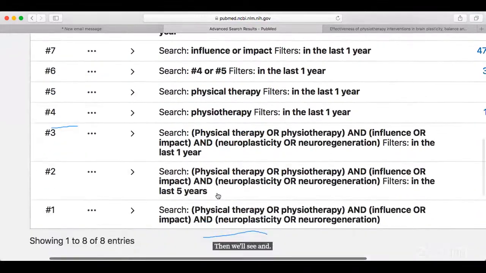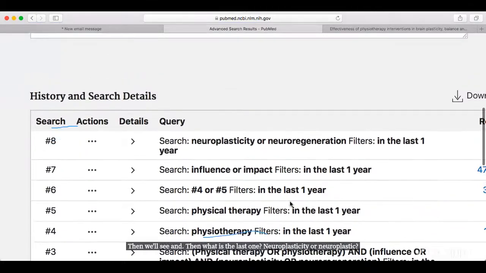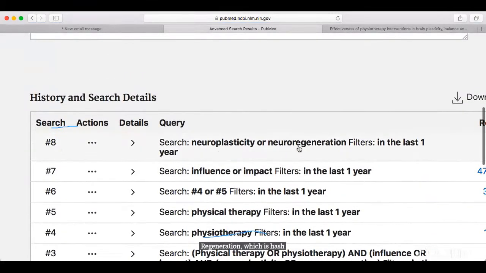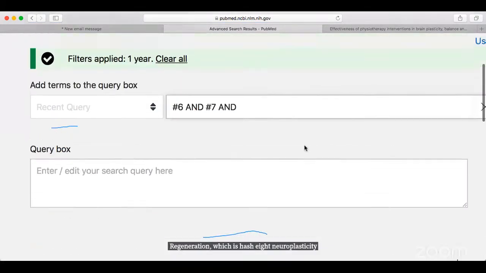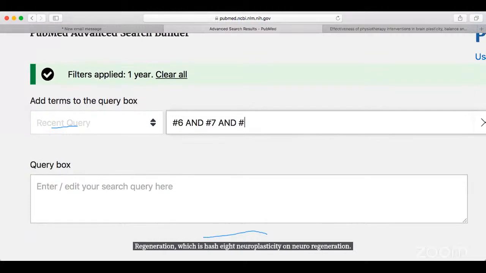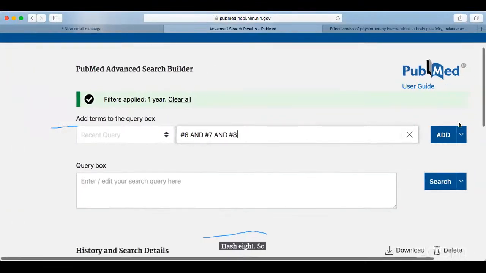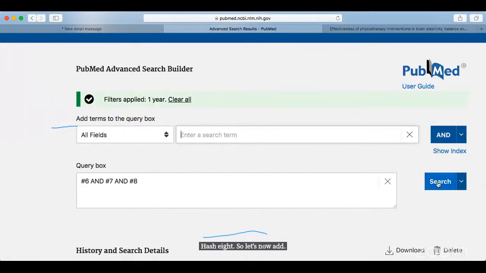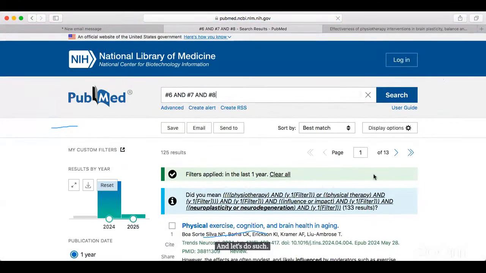Then what is the last one? Neuroplasticity or neuroregeneration, which is #8. So let's now add and let's do search. So 125.